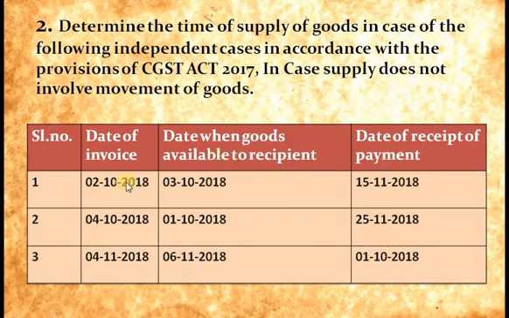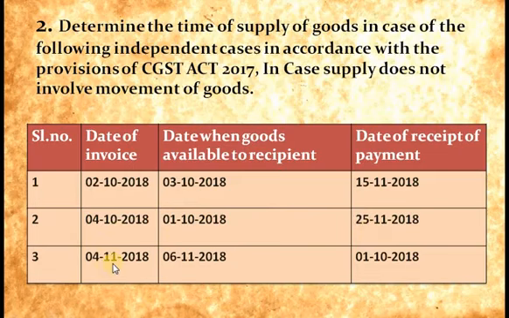So here, before preparing the invoice we have made sure the goods were available to the recipient. So this has taken place first. The time of supply is the date when goods are available to the recipient, that is 1st October 2018, since the payment is done on later days.